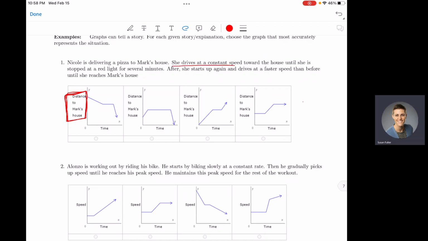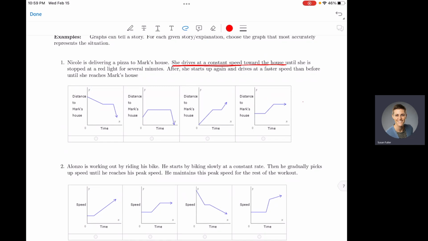First, she drives at a constant speed toward the house. So if she's driving at a constant speed toward Mark's house, what's happening to the distance to Mark's house? Well, because she's driving toward Mark's house, the distance should be decreasing, right?